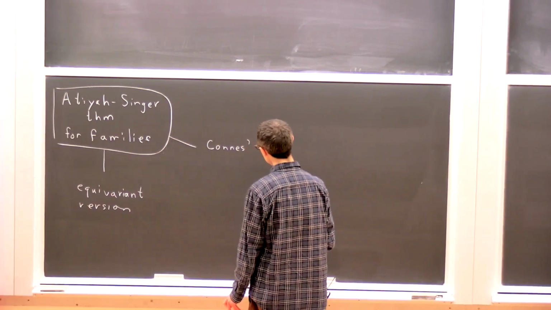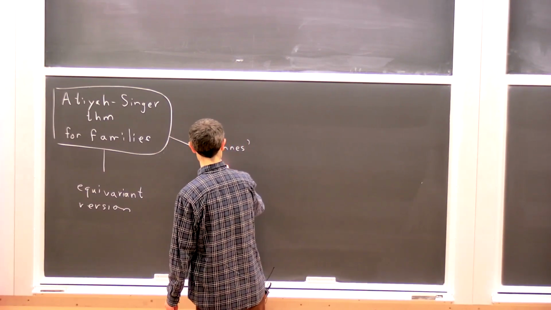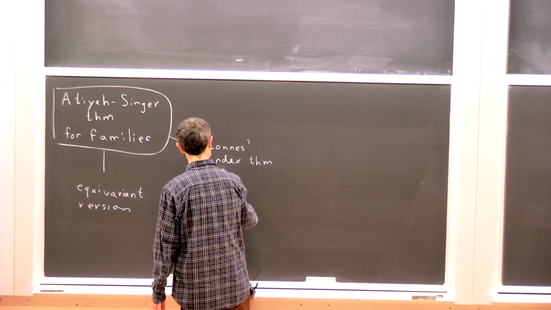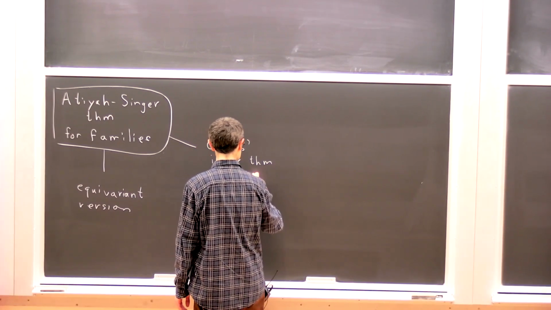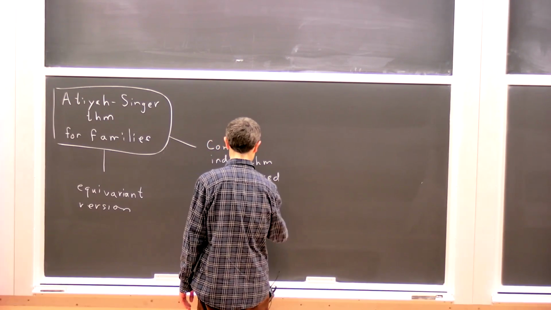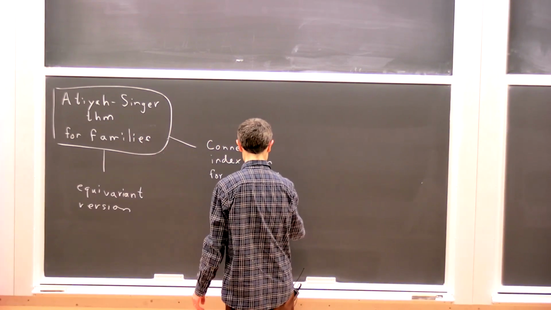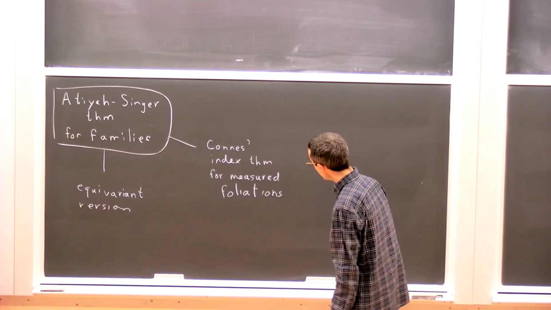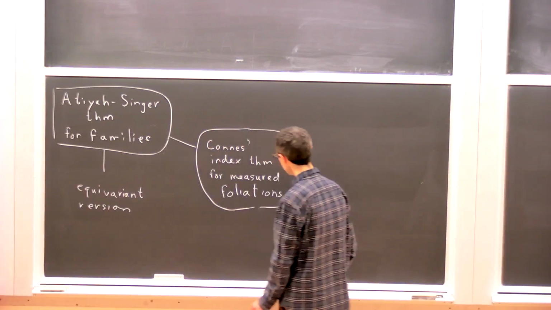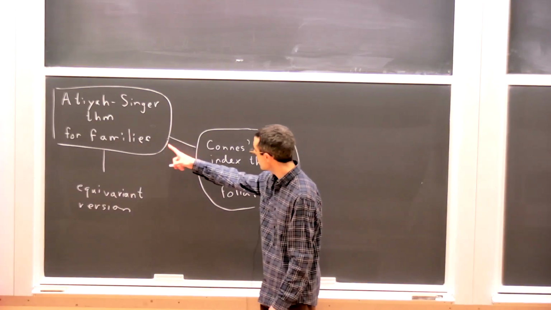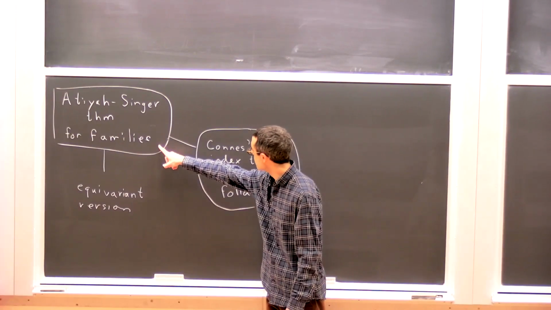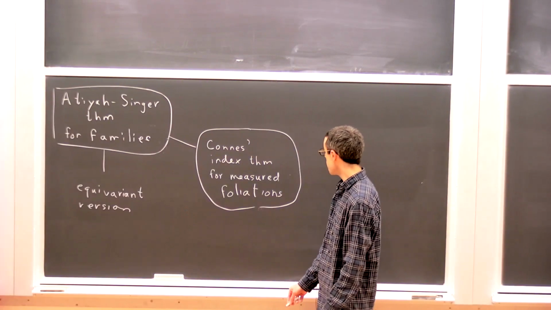So Kahn proved an index theorem for what are called measured foliations. So you try to relax the fiber bundle assumption that you have here, basically. And Kahn was able to do that in the setting of foliations. It's not exactly a strict generalization of this theorem. It's sort of a generalization of a consequence of this theorem, I would say.